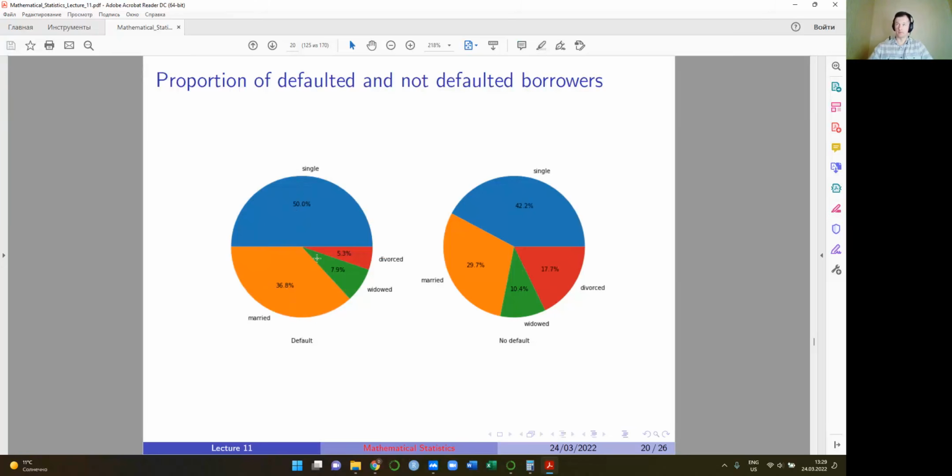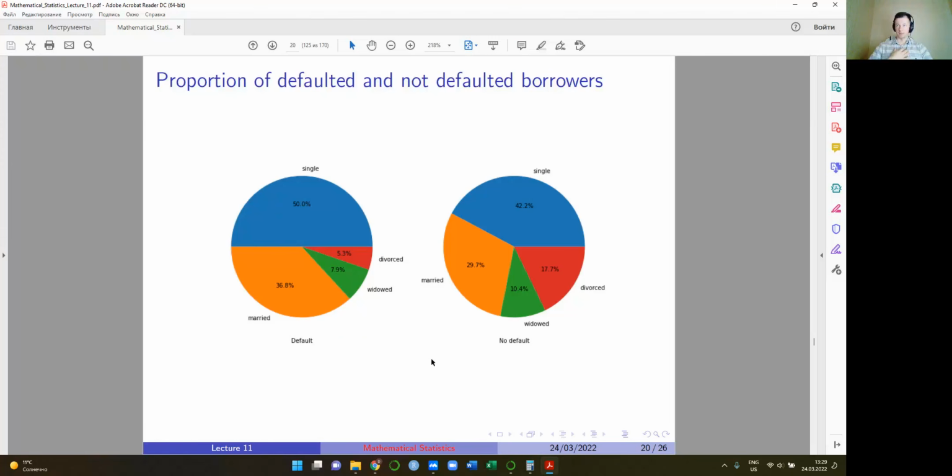Because if such a client comes to your bank and you ask him or her to fill in some questionnaire, you can see, well, this person is single, so the probability that he or she will not manage the loan properly is greater. If this person is divorced, let's say, then there is a higher chance that this person will not default, right? So this is a simple predictor of some probability.